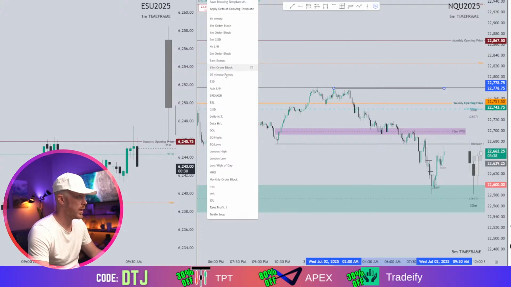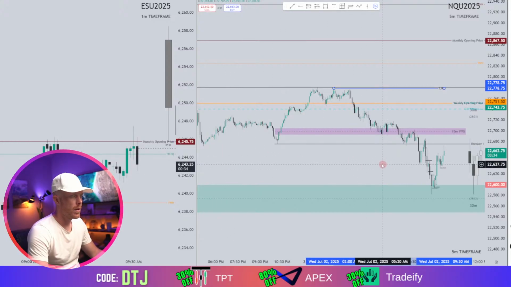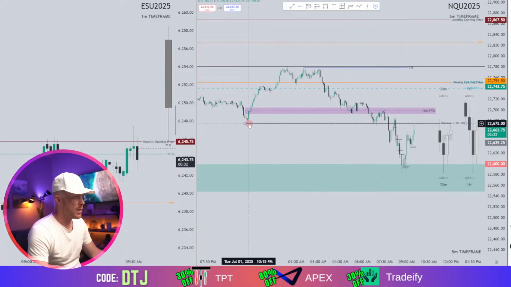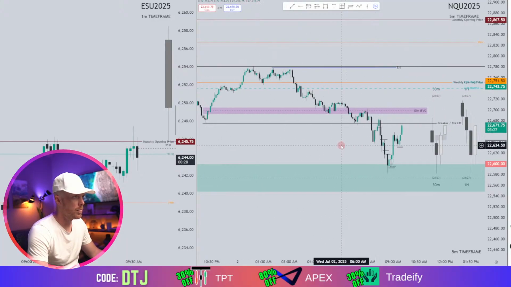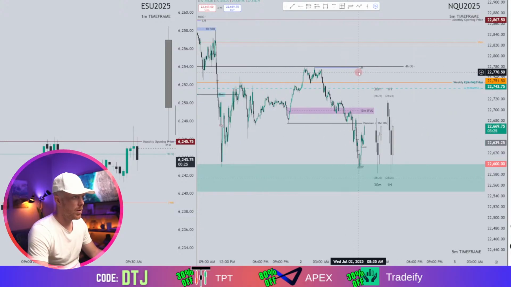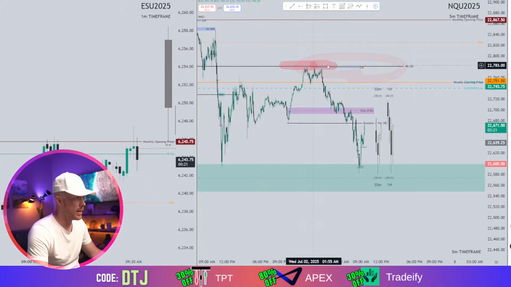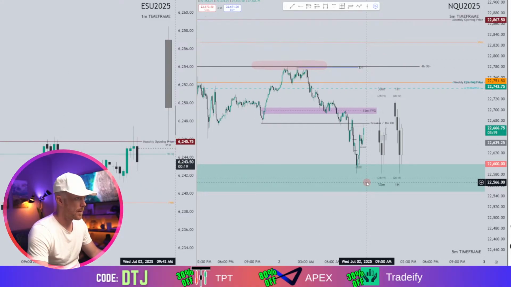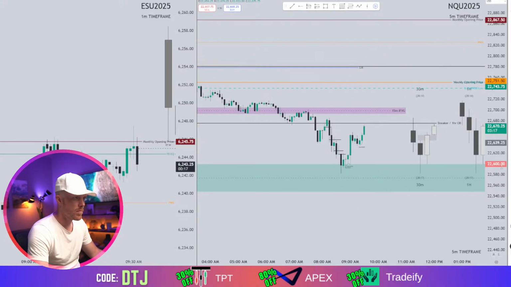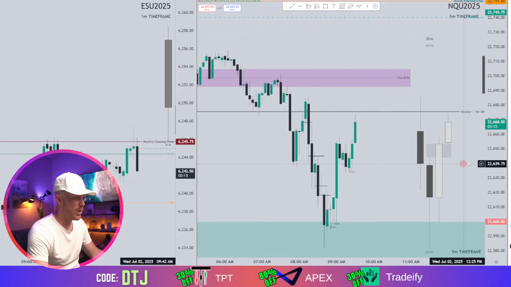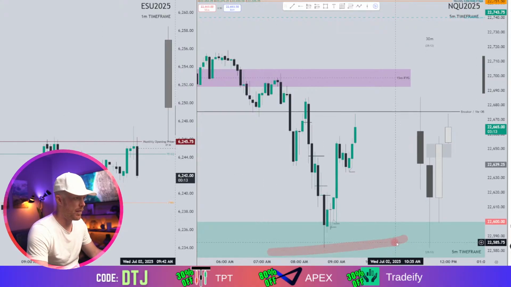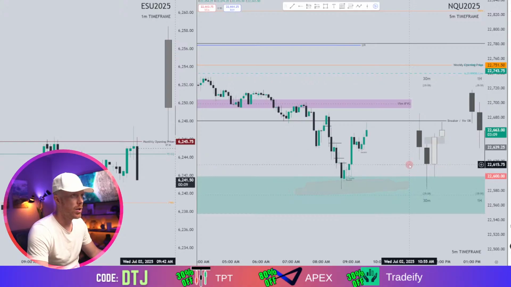It's at 2 o'clock, I think, is what I got it at. We've swept London low. So no London low. London high sitting at that 4-hour order block and these swing highs up here. Because we ran into the previous day fair value gap, or that fair value gap and previous day low.